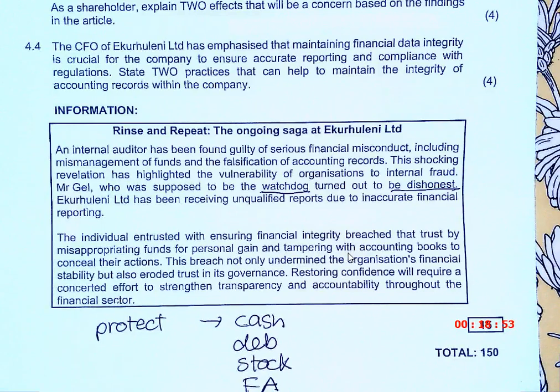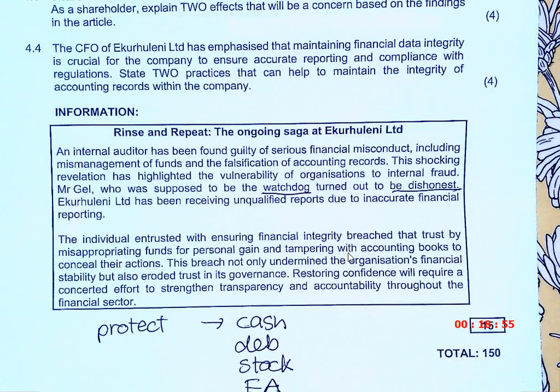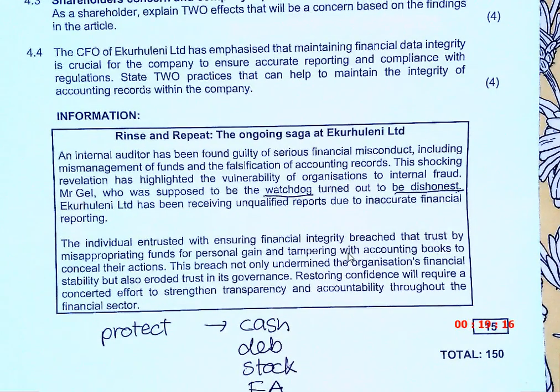Do you agree with me, or is a watchdog something else according to business? No, just trying to understand why did they split it? Why did they split it? What did they split? The funds split because they were saying the internal auditor at first. Okay, and then they talk about Mr. Gel. Yes, the watchdog.